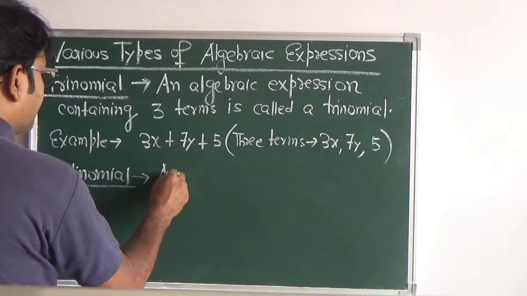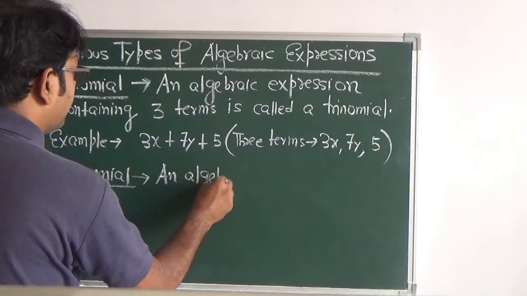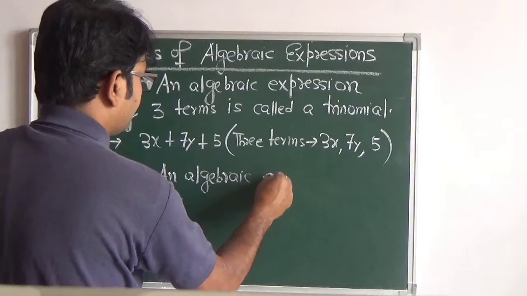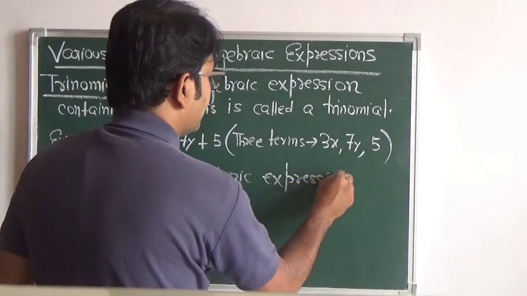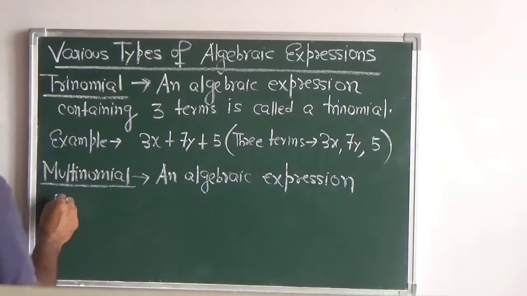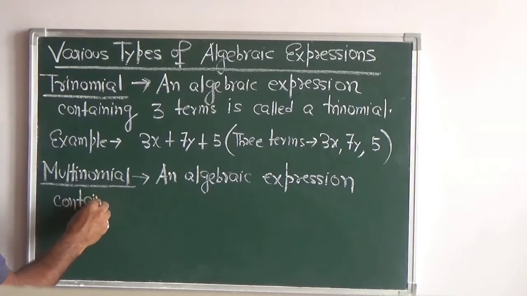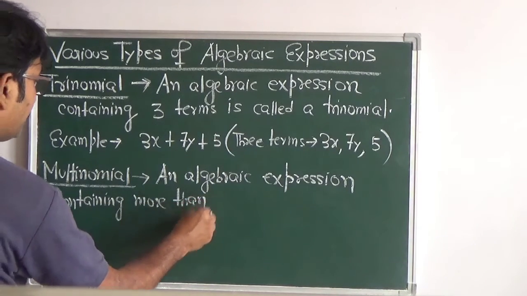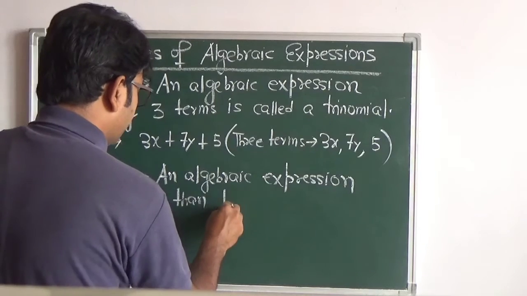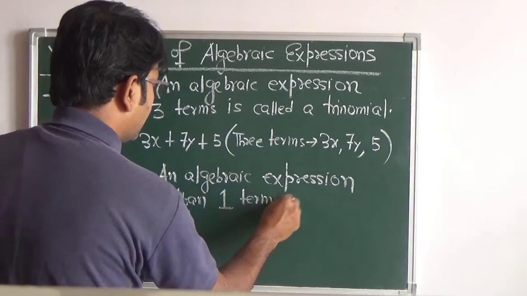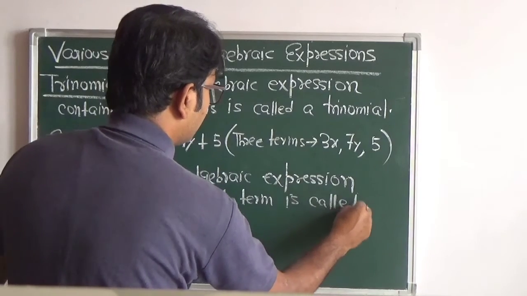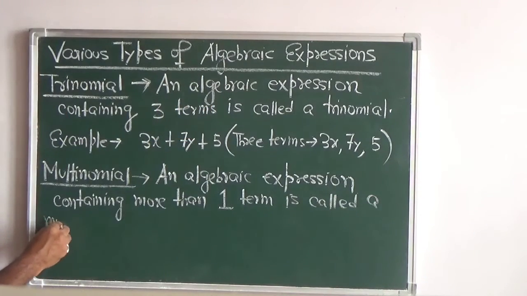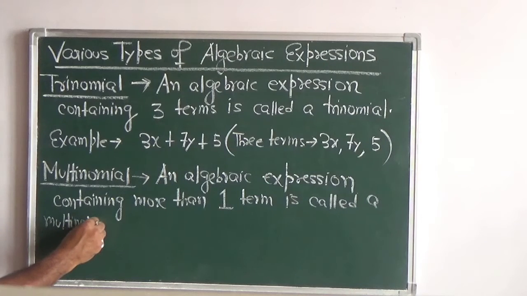An algebraic expression containing more than one term is called a multinomial. So any expression having more than one term is called a multinomial.